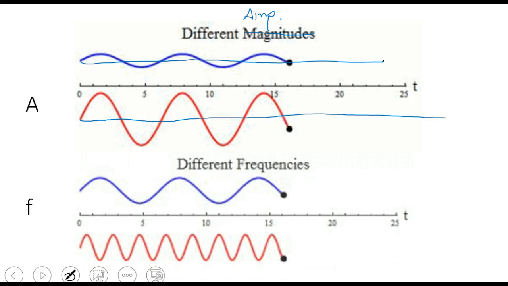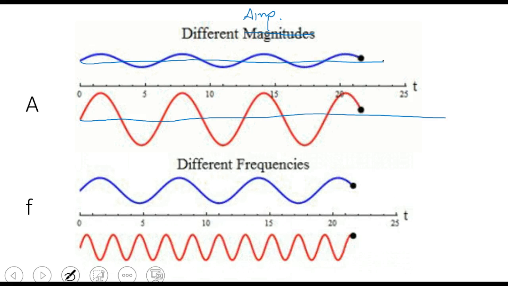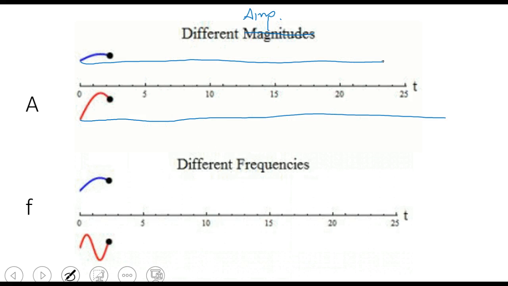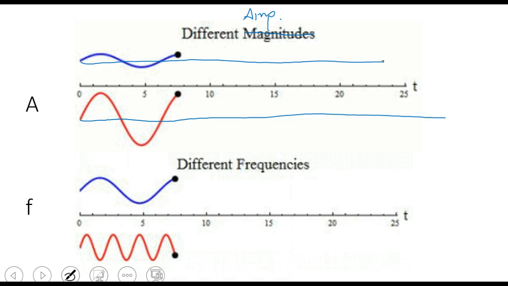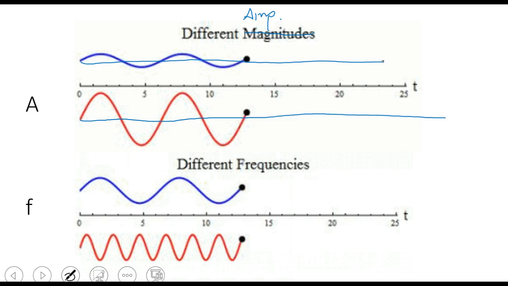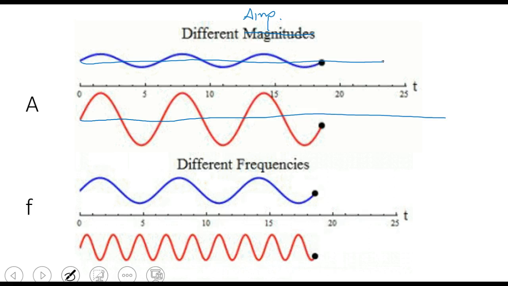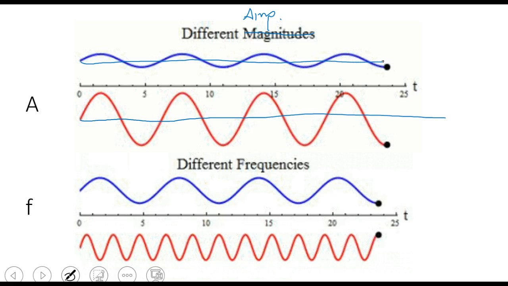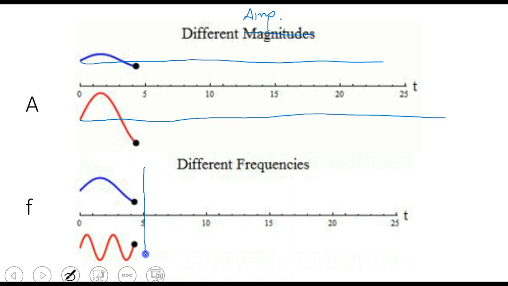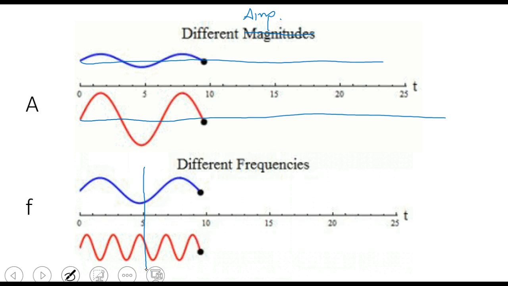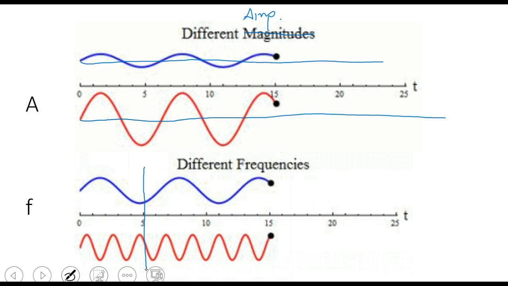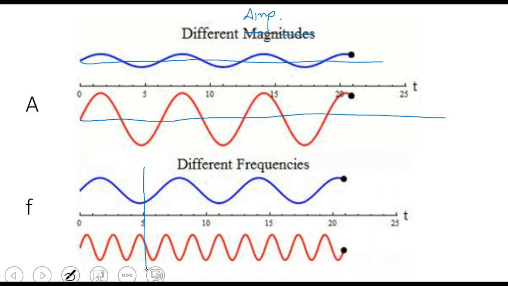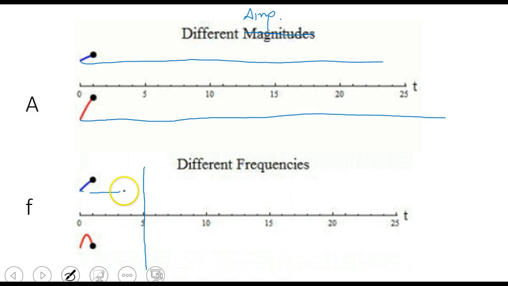As far as frequency goes, frequency is the number of revolutions in 1 second. And so let's see, each one of these marks is 1 second. I'm going to extrapolate out to 5 seconds right here. I'm going to draw that line. And so it looks like this one does almost 1 revolution in 5 seconds.